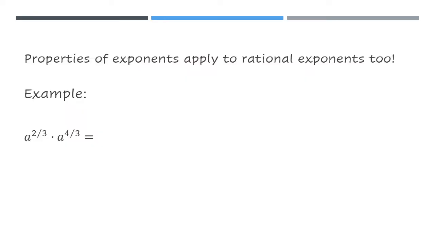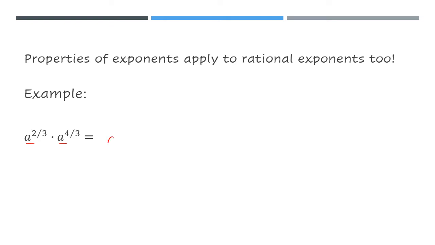Now, the same properties of exponents apply to rational exponents as well, like we might imagine. So what does that really look like? Well, let's look at our example. We've got a to the 2/3 times a to the 4/3. So the same base, and we're multiplying them together. So what that means is we end up adding together the exponents.